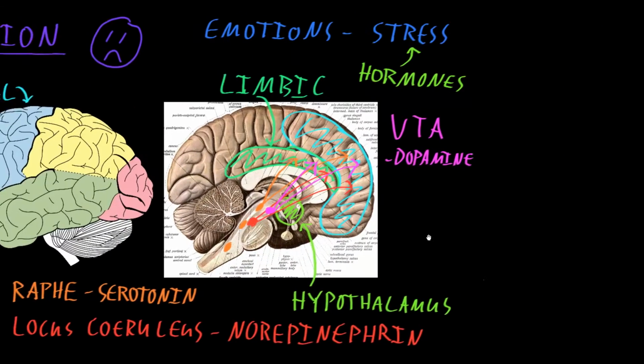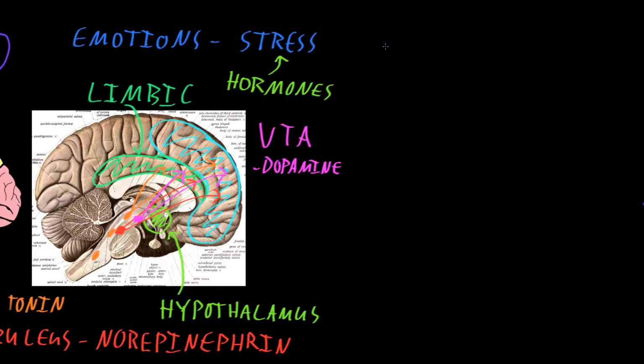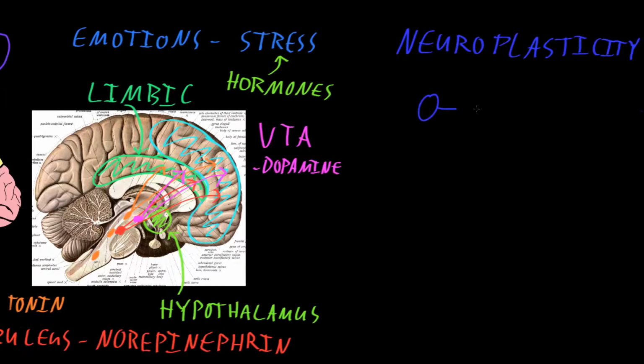A newer idea that is interesting is that there may be abnormalities of what is called neuroplasticity. Neuroplasticity, which is a big word that just means that the brain changes in response to experience. And these changes may occur down at the level of a connection between a couple of neurons in the brain, where the strength or efficiency of information flow from one neuron to the next may change based on experience.